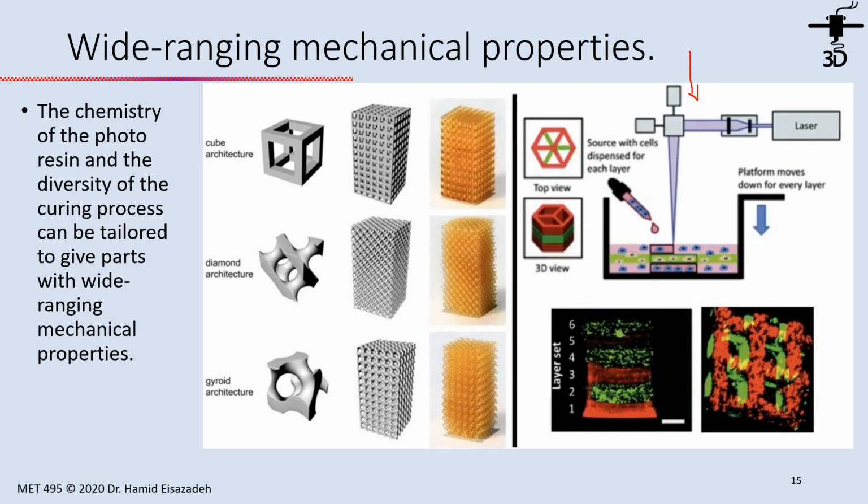It can be interfaced with the body. It can be used as a scaffold for growing tissues, as you see here, in this area. So they are growing tissues for medical use.